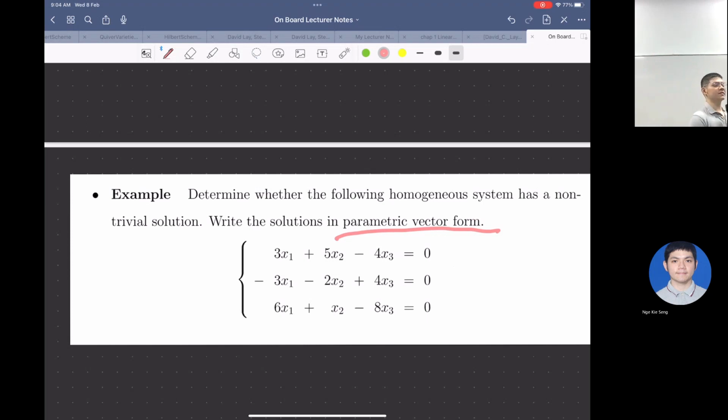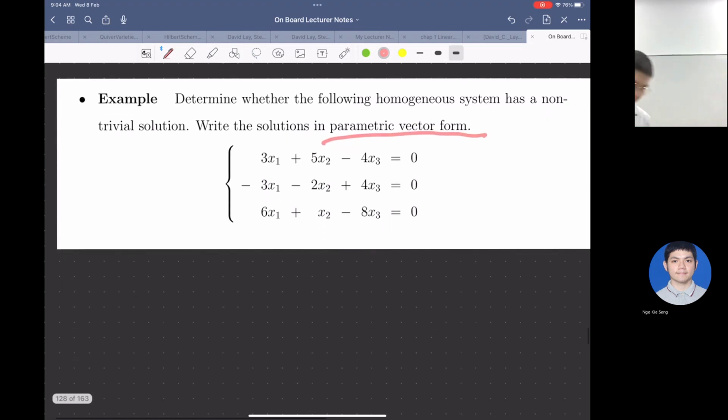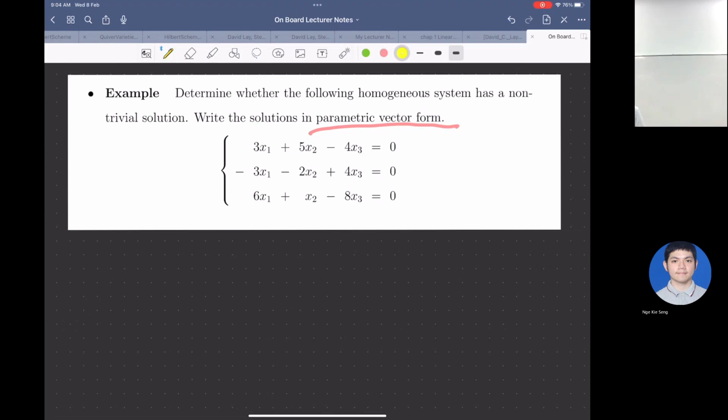One more minute. Anyone done the calculation?